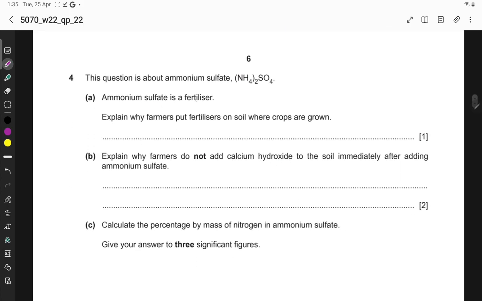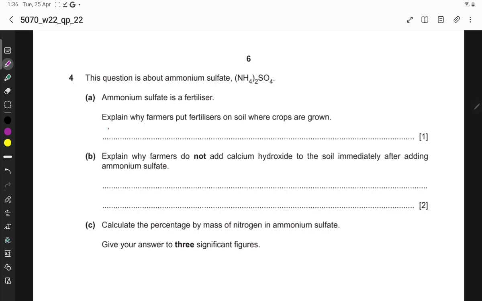This question is about ammonium sulfate. Ammonium sulfate is a fertilizer. Explain why fertilizers are used. Why do farmers put fertilizers on soil where crops are grown? Farmers put fertilizers on soil for better growth.